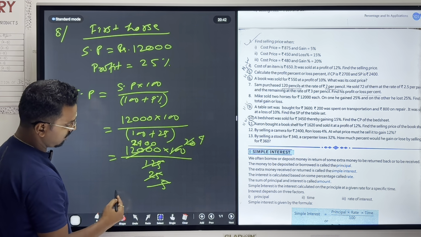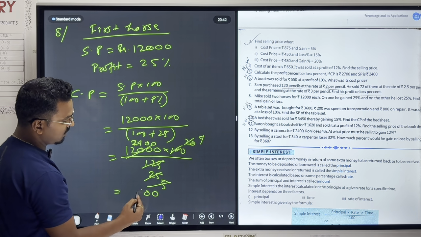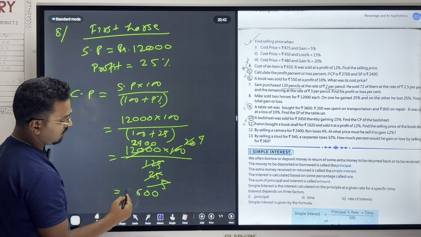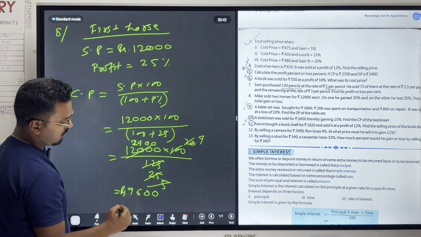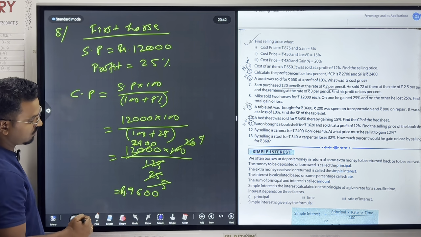Okay. So if you multiply it, how much you will get? 4 4s are 16, 4 2s are 8, 9,600. Is it cost price?